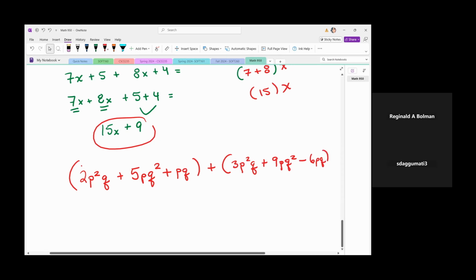And the question is, well, what do we do? By the associative law, because everything is being added together, you may remove the parentheses. So we can just rewrite this expression in the following manner.